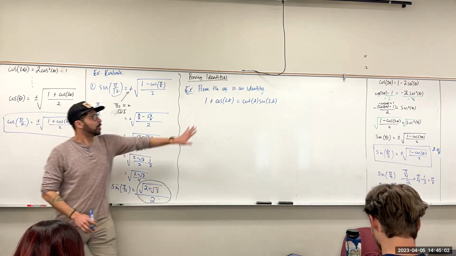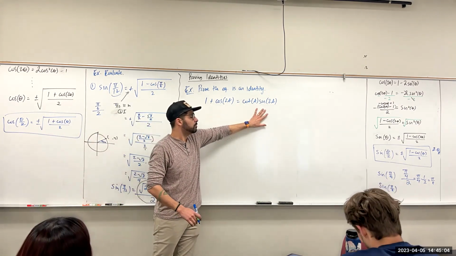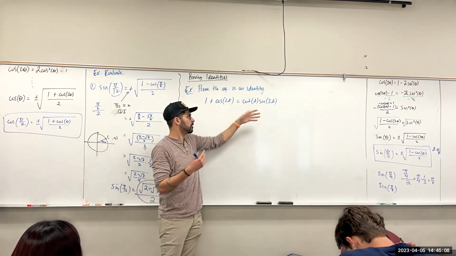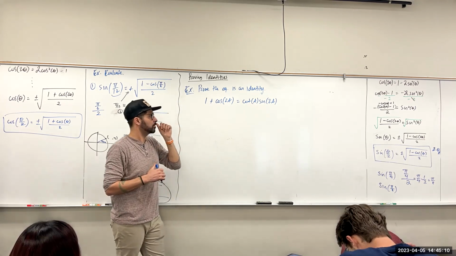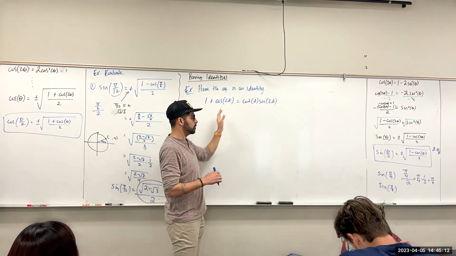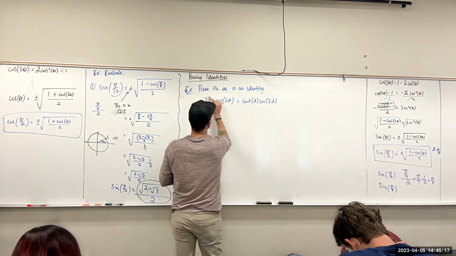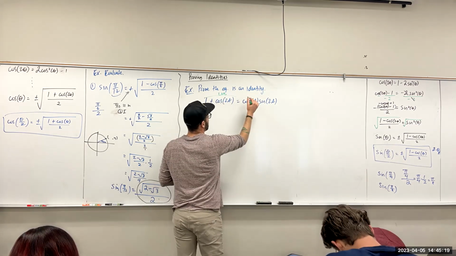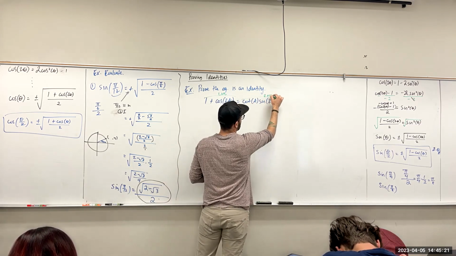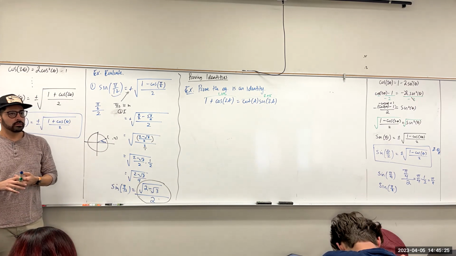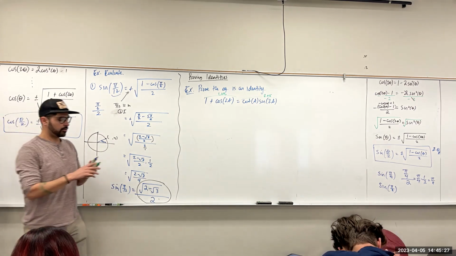You can manipulate both of these in this case, since neither is simpler. They both have multiple things going on. So I've got my left-hand side here and my right-hand side here. Which side do you want to start with? Okay, let's start with the right-hand side.